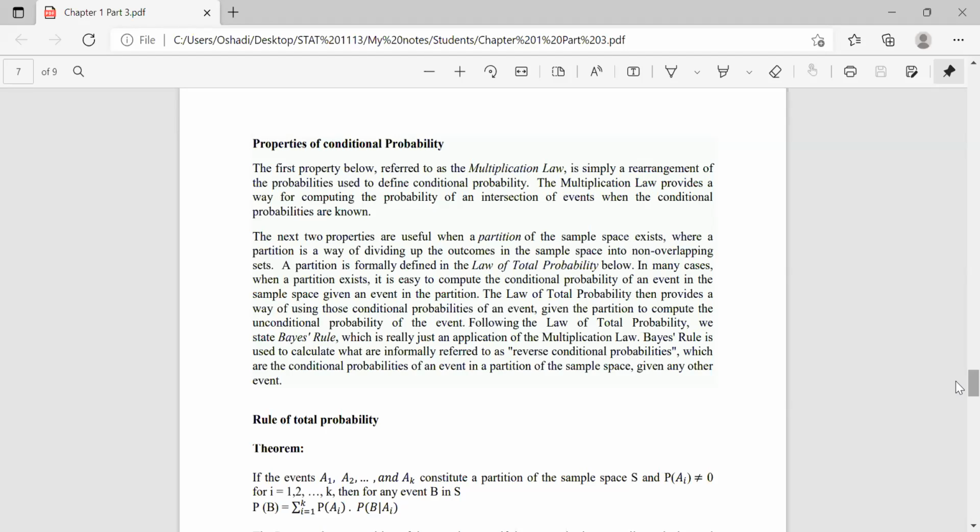So you have to find the unconditional probability of the occurrence of the second event, right?